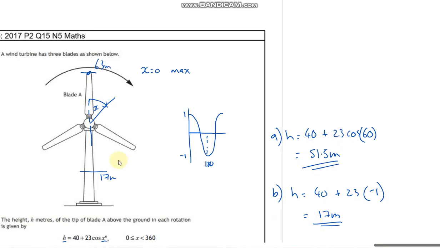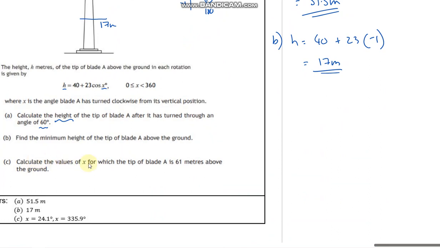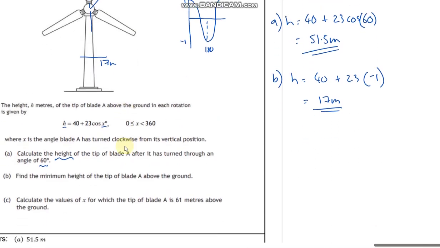Okay. Nice one. So calculate the values of x for which the tip of the blade is 61 meters above the ground. Okay, so when the height is 61, my equation is 40 plus 23 cos of x. It's the exact same as before, it's just rearranged. So take away 40, so that's 19 is 23 cos x.